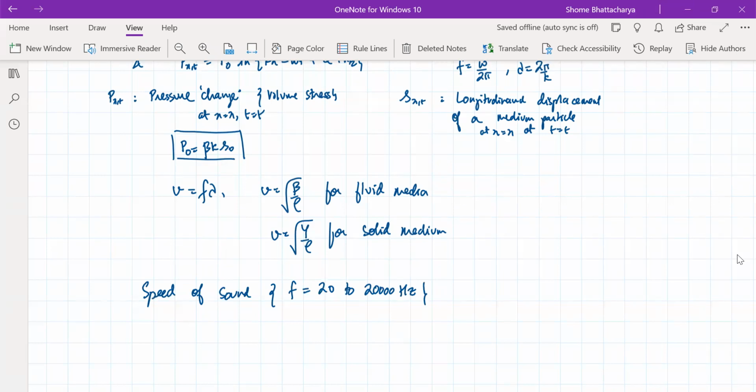So through an ideal gas, with this frequency range, what is typically happening is that the propagation of sound involves very fast compressions and rarefactions.